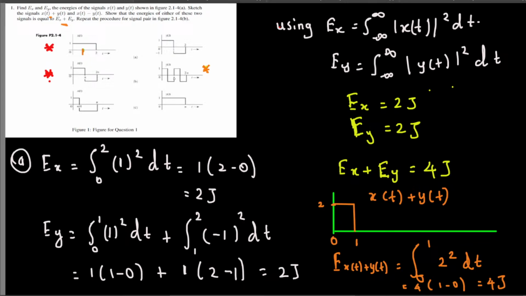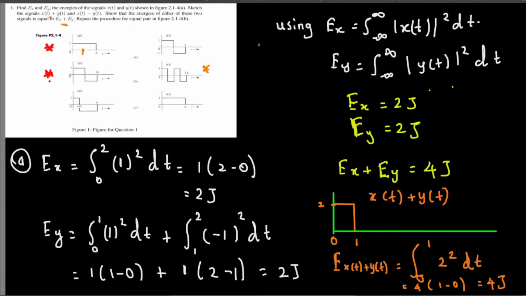Now π to 3π/2, at that time the height here is 1 and here that is -1, so 1 plus -1, that is 0. And again 3π/2 to 2π, we have -1 here and here also -1. If you add -1 and -1, that's -2.